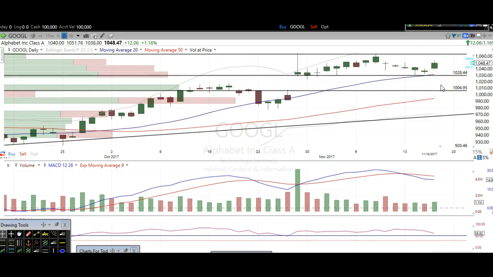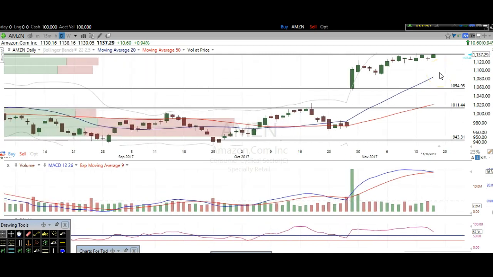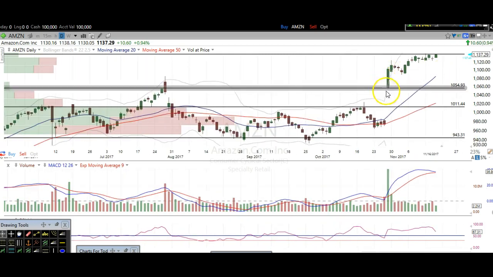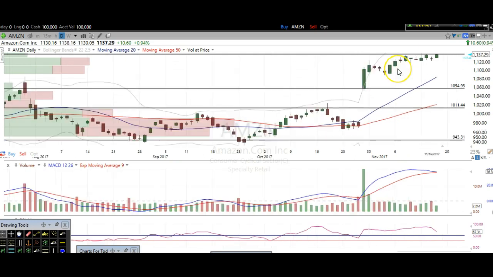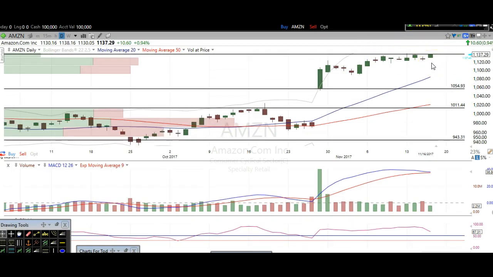The next one we're going to take a look at is Amazon. And Amazon, let's see here, made a really nice move, obviously, after earnings. Super strong right here. And here we are coming into this little resistance, just a mini resistance. You can see it ran into it there, a couple days here and there, and here we are against that resistance.